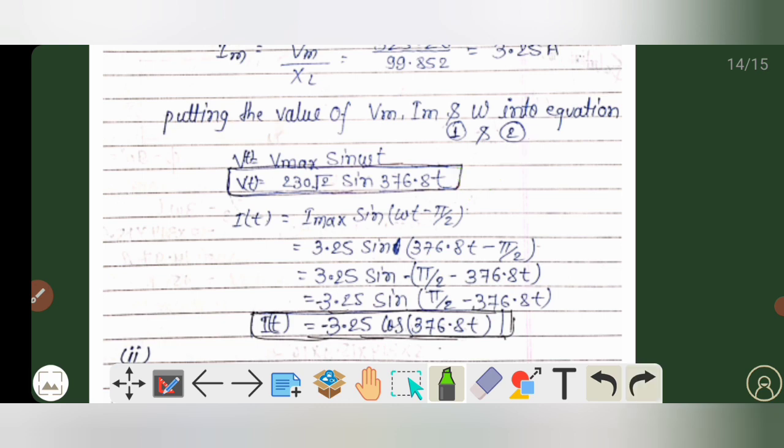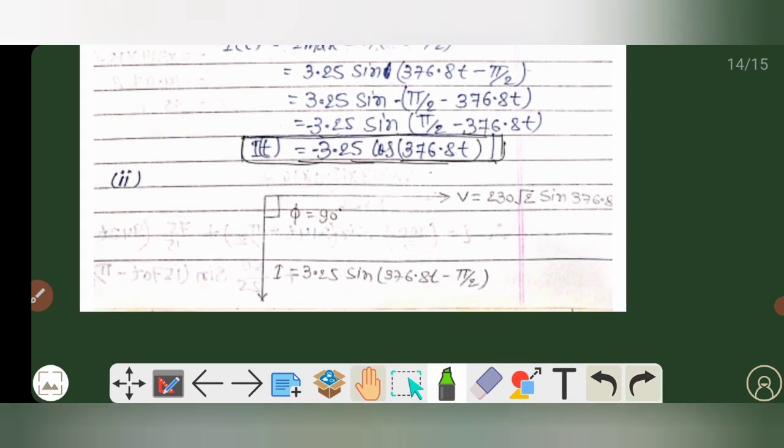In the same way, the value of i(t) will be Imax sine omega t minus pi by 2, where Imax is 3.25 and the value of omega is 376.8. Now we have taken minus common, and 90 minus theta is cos theta. So the value of i(t) will be equal to minus 3.25 cos 376.8 t.